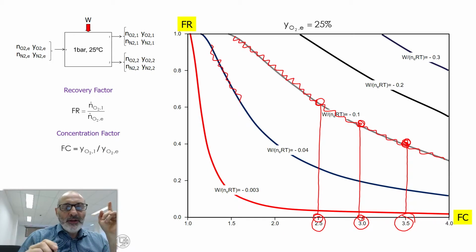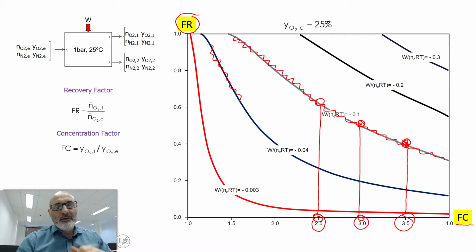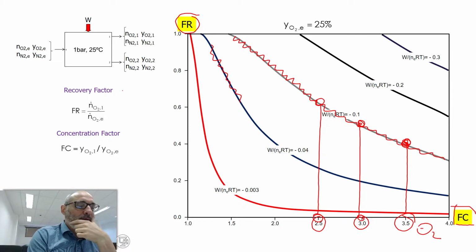An observation here: the variables are different now because those variables are more appropriate for this type of process. So instead of working in terms of O2 concentration and flow rate, in practice we work with these two factors.